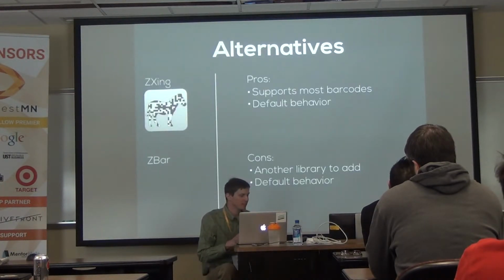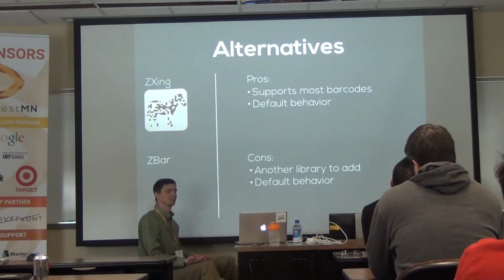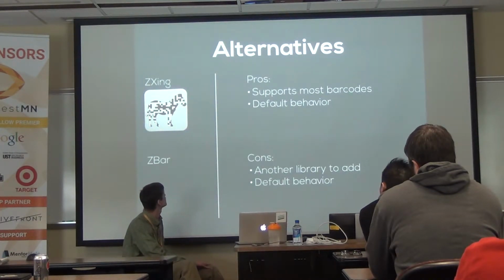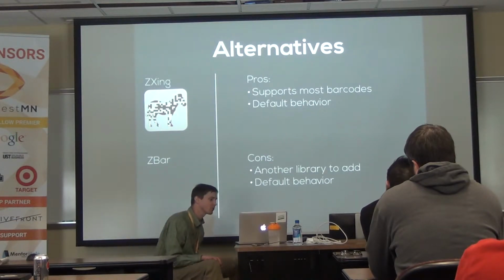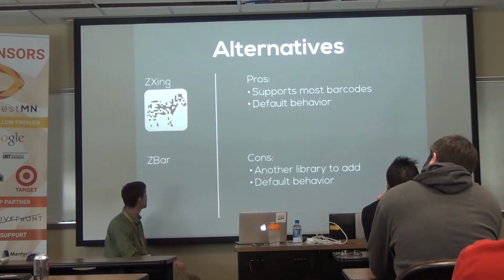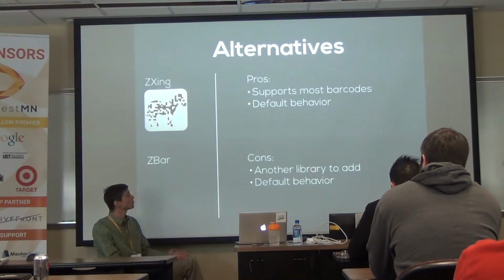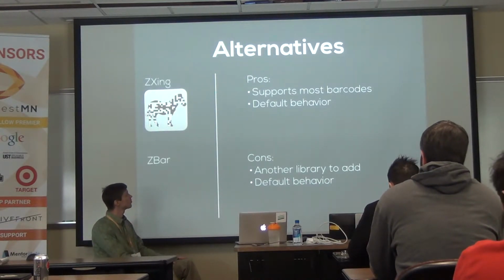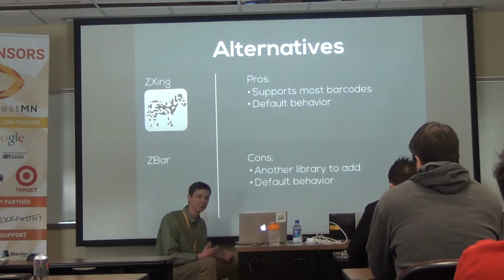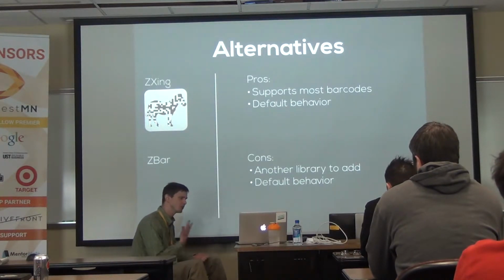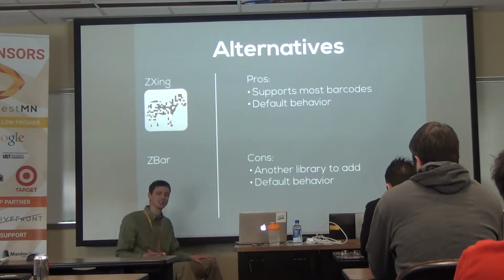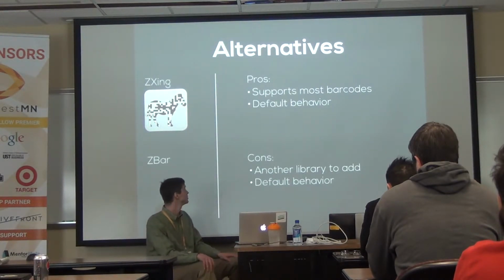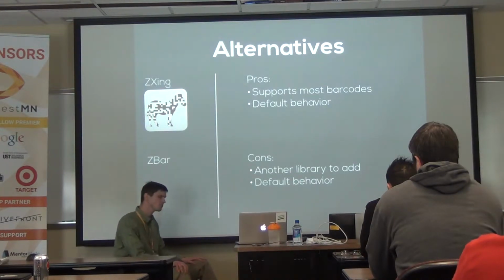If the barcode API doesn't fit your needs, I wanted to throw out a couple of alternatives. A couple of big ones are ZXing and ZBar. They both support most of these barcodes, if not all of them. And both of them have some type of default behavior baked in. They might even have a default view that you can include, or they have connectivity that you can call an intent to. It'll do its thing, and then return the result to whatever is calling it.